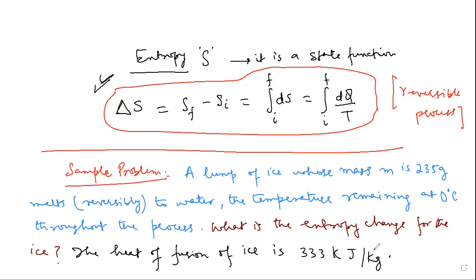You must be knowing it. That means to melt 1 kg of ice to water at 0 degrees Celsius, you need to supply 333 kilojoules of heat. So let us solve it together.